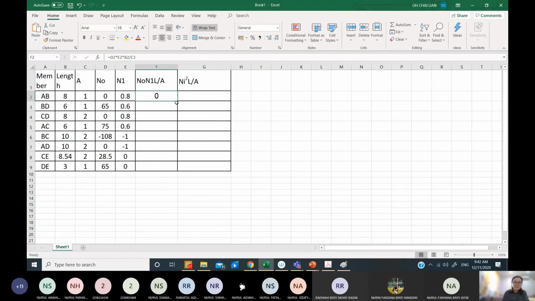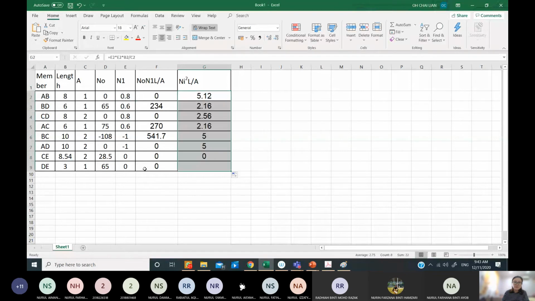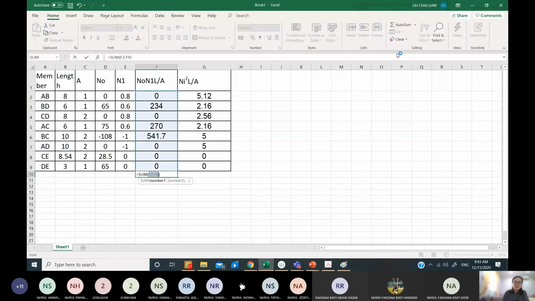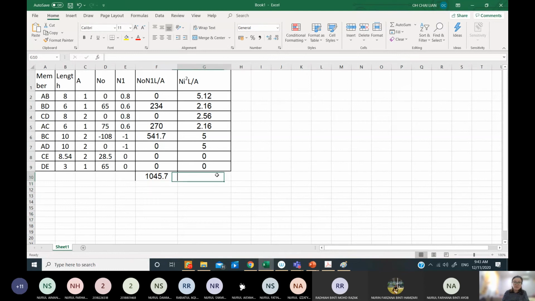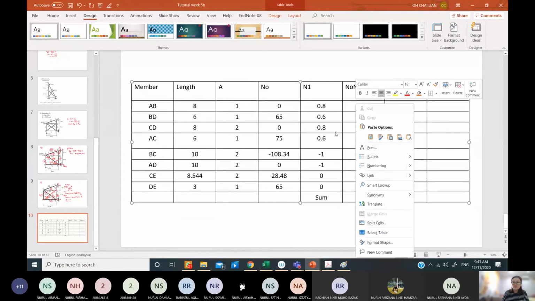Okay, so then this multiply length divide by the area. Yes. Then I have my summation. Just copy to this. So I have to copy both things here.